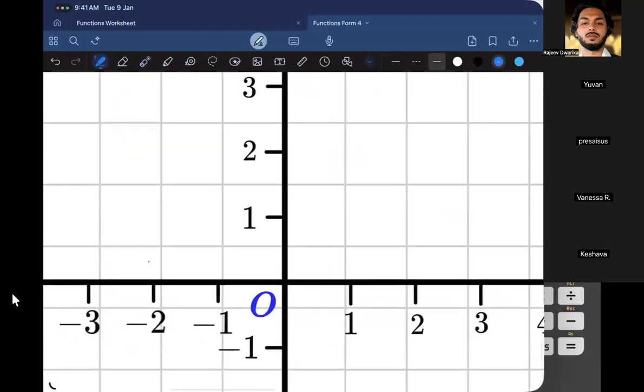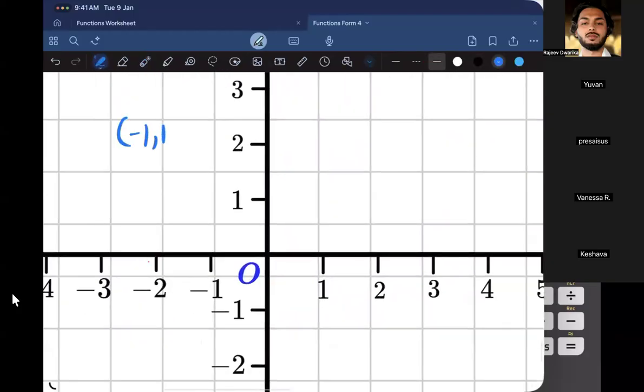All right, that's correct. So if you have something like -1, comma 1, well, you always move on the x-axis first, then you move up or down. Right? So it was -1, so you move to -1 on the x-axis, and then you're going to move 1 up on the y-axis. So you're going to end up at this point.